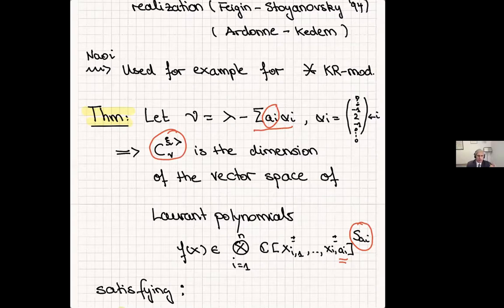Sorry, I forgot what this notation C_nu C_lambda is. This just means the multiplicity: you take your truncated module M psi lambda and ask how often the irreducible for this highest weight appears in this module.